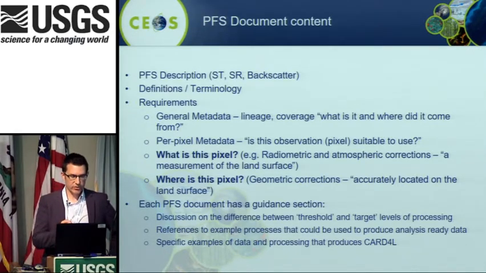That integrates the aspects of radiometric and atmospheric corrections. And then the question of where is the pixel, which integrates the aspects of geometric corrections. So it provides constraints on how well the pixel is geolocated.